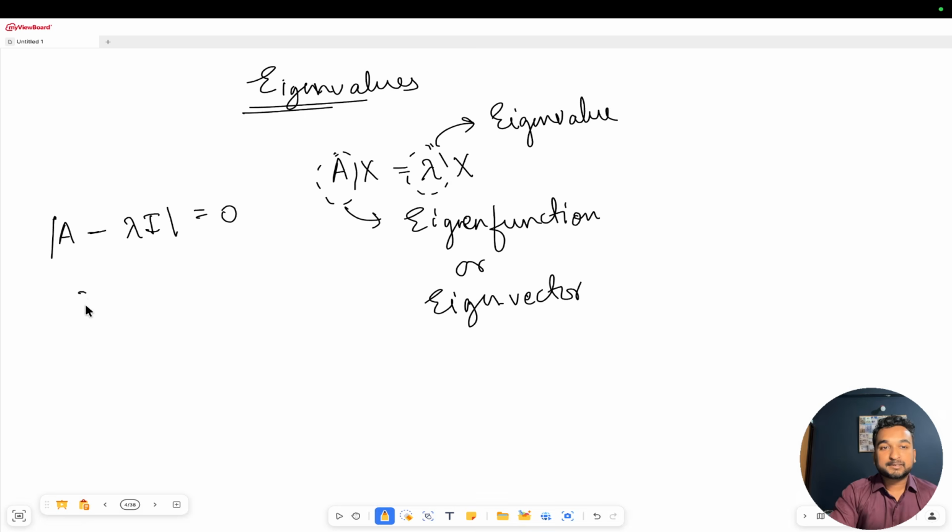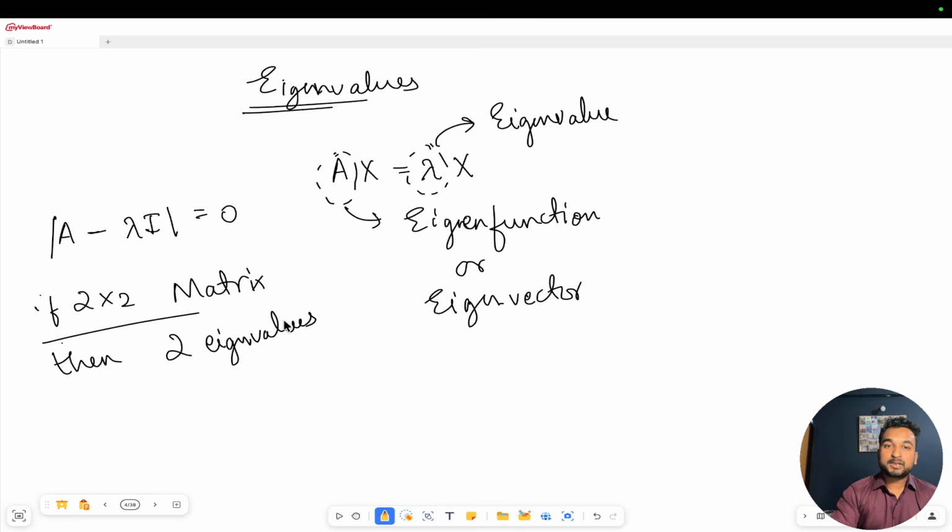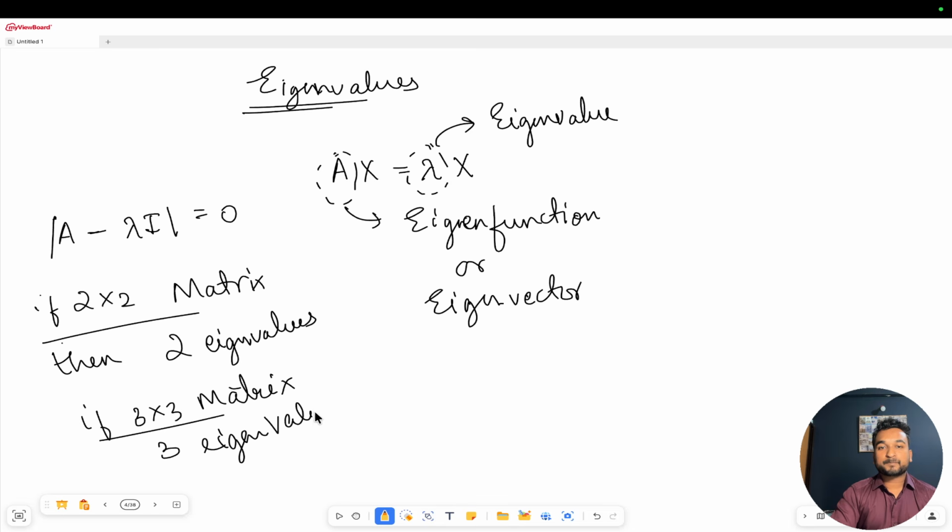If your matrix is 2 cross 2, then you will have 2 eigenvalues, and if you have a 3 cross 3 matrix, you will get 3 eigenvalues.